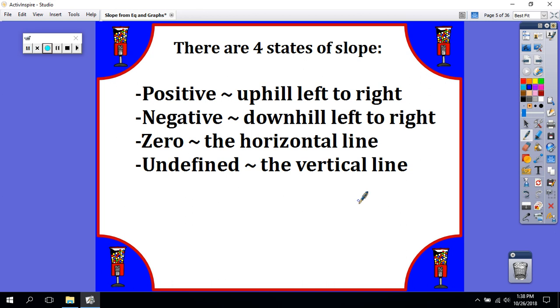And we have undefined slope, which is a vertical line. These are the 4 types of lines of linear equations. They're either going to be positive, negative, zero, or undefined type of slopes for any linear equation.